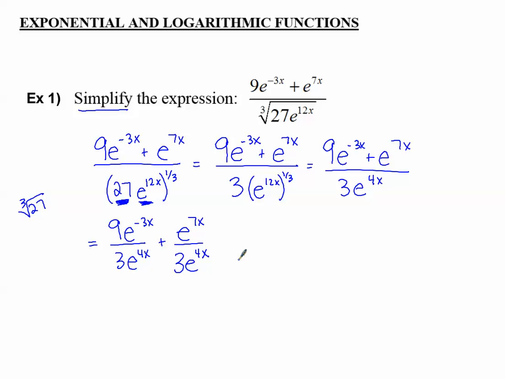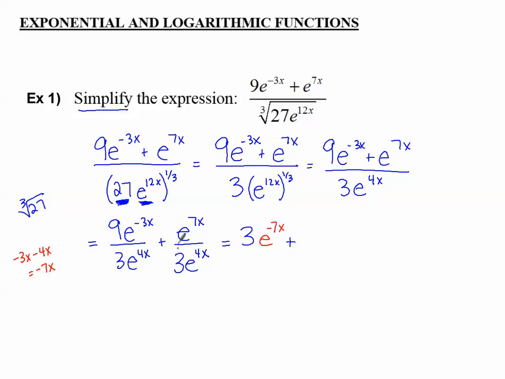Kind of like distributing, because division is a form of multiplication, it is distributing. 9 divided by 3 is 3. When we're dividing and they have the same base, we subtract these exponents. So negative 3x minus 4x makes negative 7x. So this new exponent for e is negative 7x.